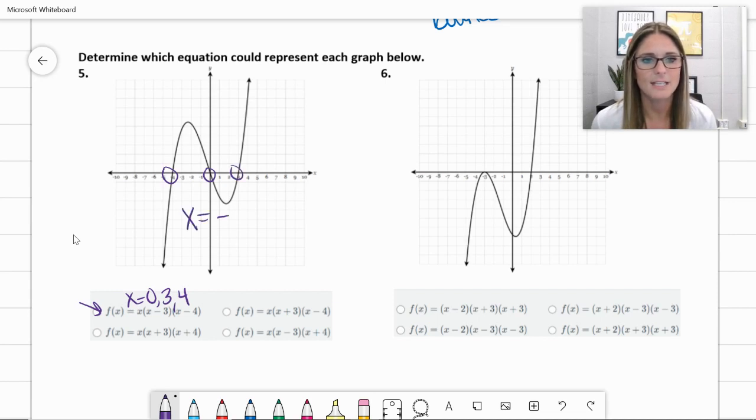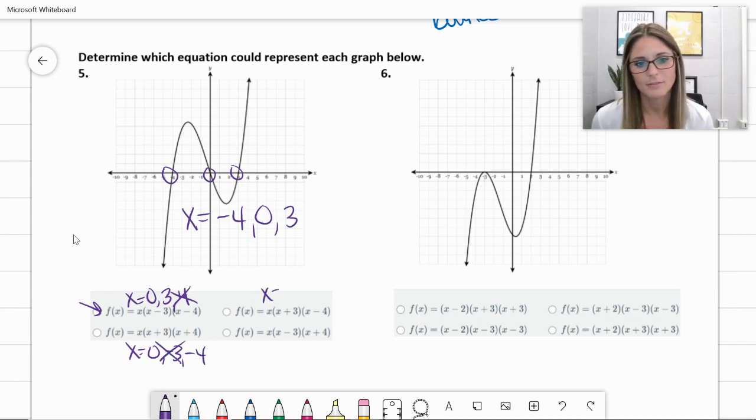On the graph, it says -4, 0, and +3. Well, that first one doesn't work, does it? We need -4. All right, I'm going to look at bottom left. I've got 0, -3, and -4. I need a +3.